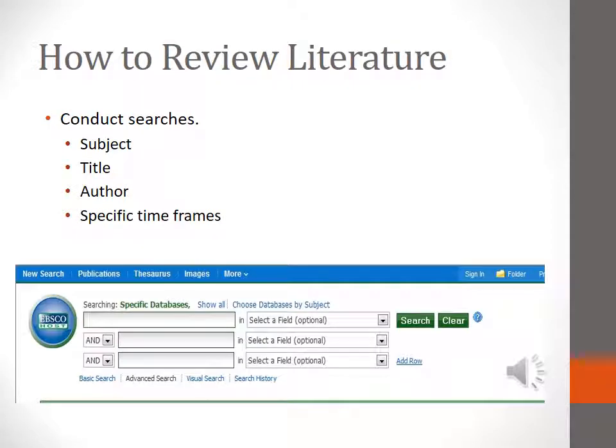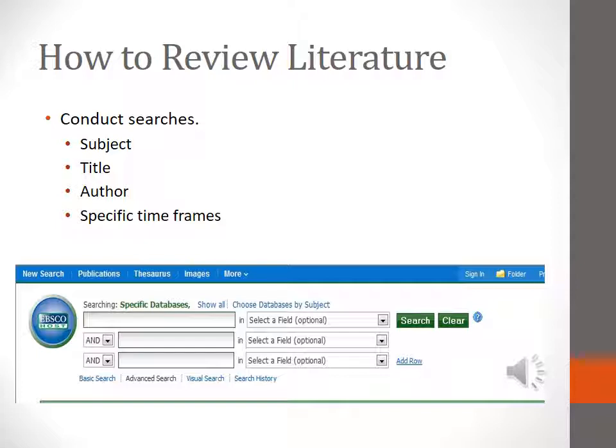So in conducting searches, you want to look at not only the subject, but also the title, the author, and then the specific time frames. For example, you may want to look at research within the past 10 years. And as you see below, there's another database search called EBSCOhost.